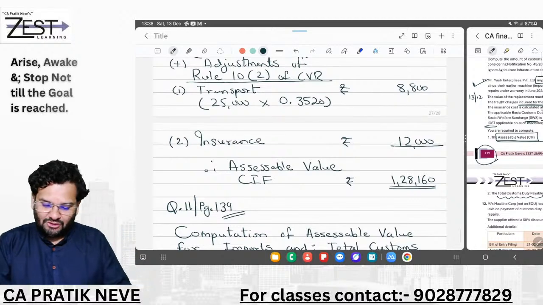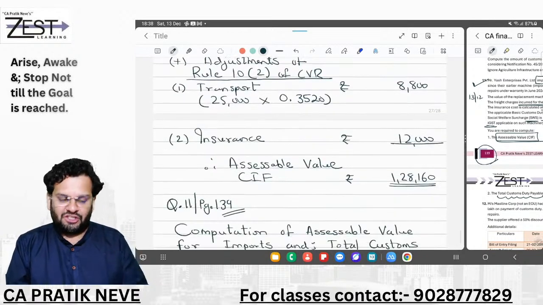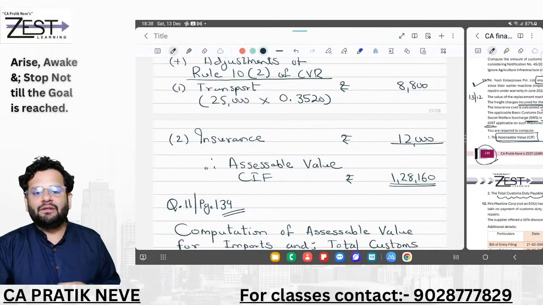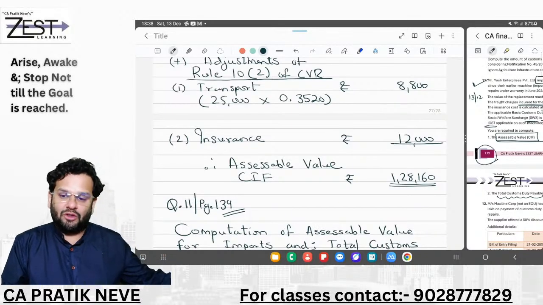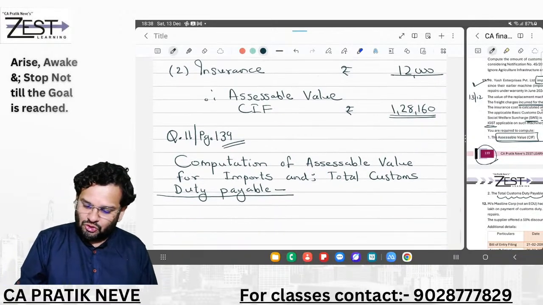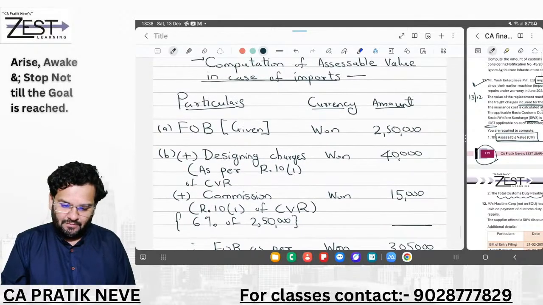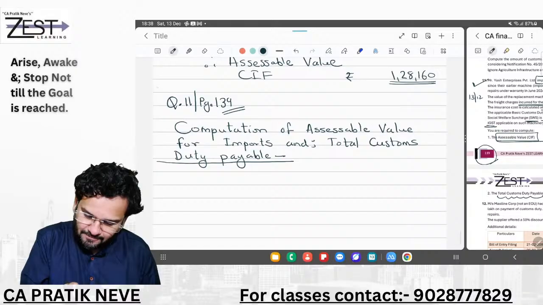And by the way, in the last question, we did not write those notes that post importation transport cost will be neglected, and even the expenses incurred in India for installation of that machine, etc., will be neglected. So that note you should have written in the last question's solution.